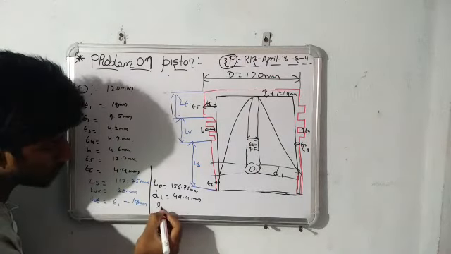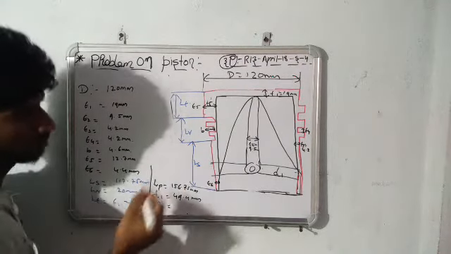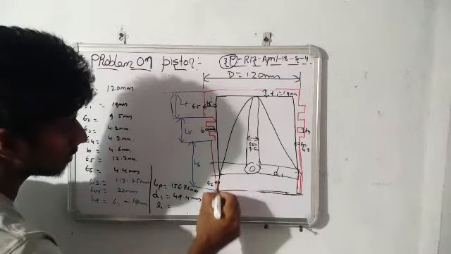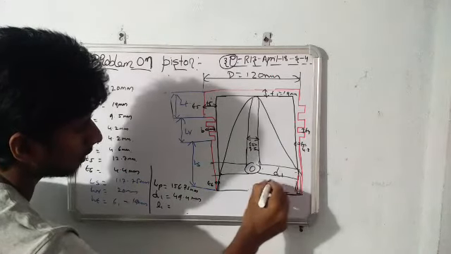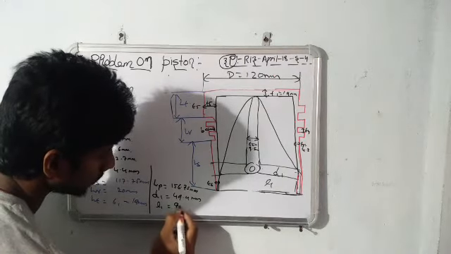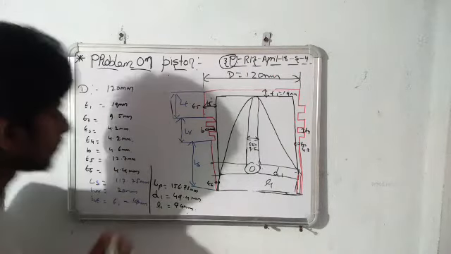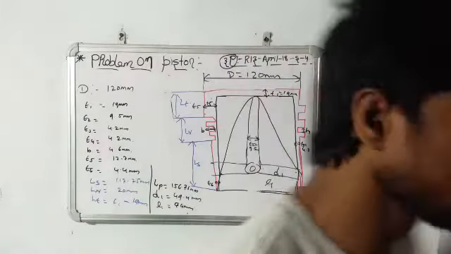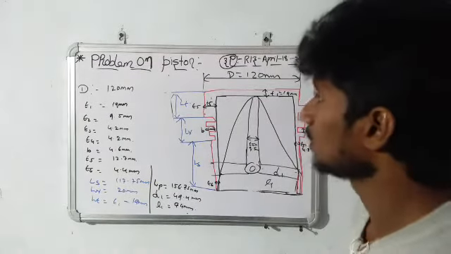With the help of this, the length of the piston pin is 74 mm. So this is the problem in the given condition.